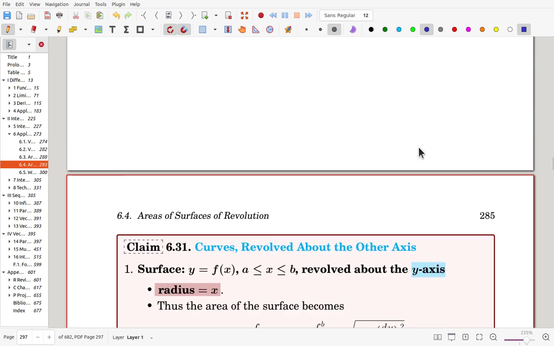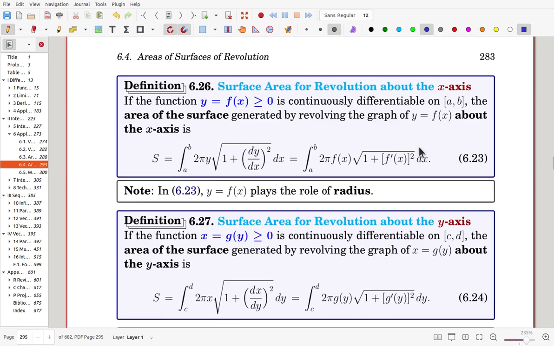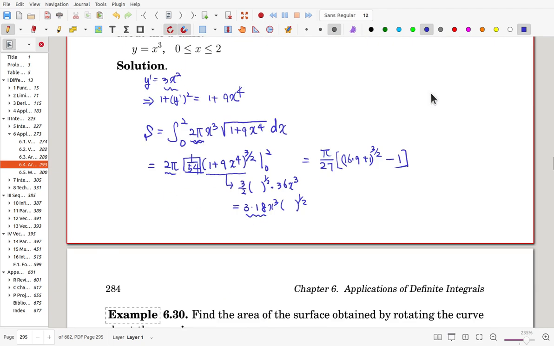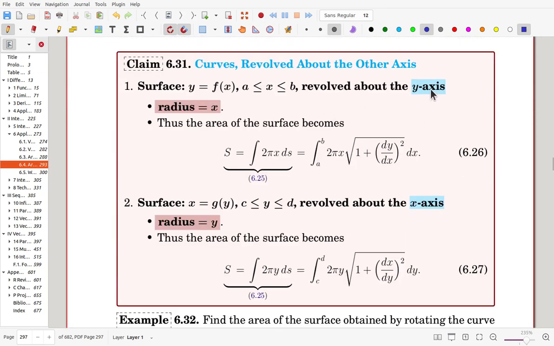Okay, we'll go to the earlier one for this. Now y equals f of x, defined over a to b, is rotated about the x-axis. But here, we'll try to rotate it about the y-axis, even though we have y equals f of x.